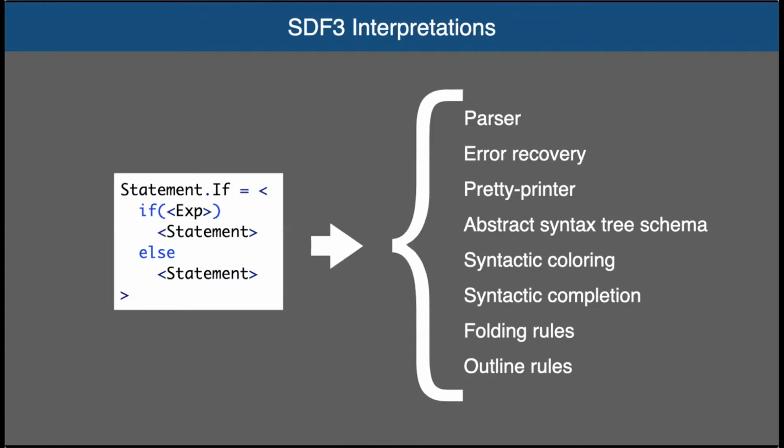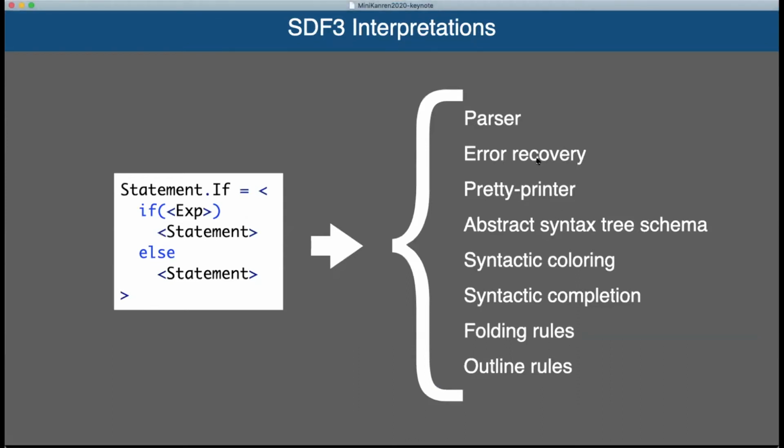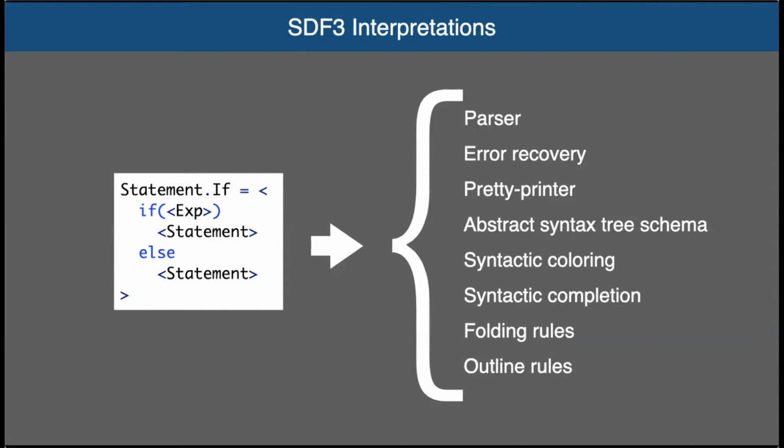So what we've seen is that based on a single source definition of syntax, we get multiple tools. We get parsers with error recovery, we get pretty printers, we get an abstract syntax schema, we get syntax coloring, syntax completion, etc. So this is the sense I have in mind for multi-purpose languages.